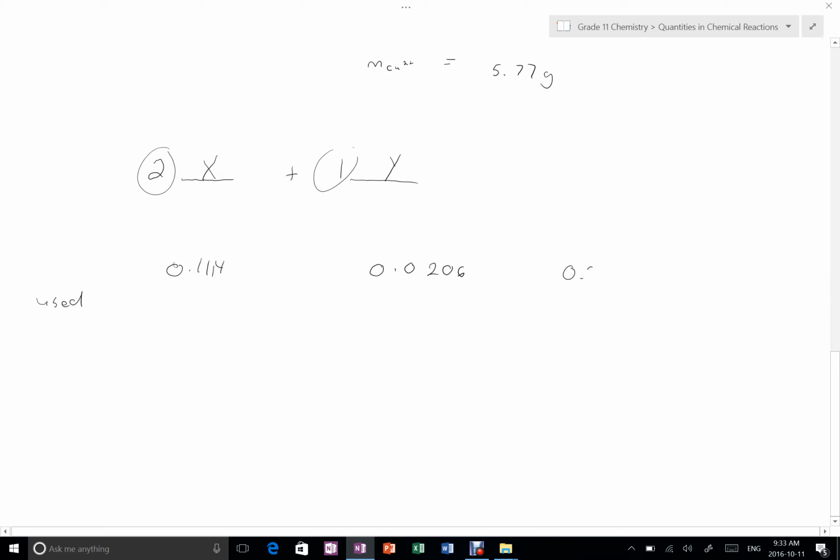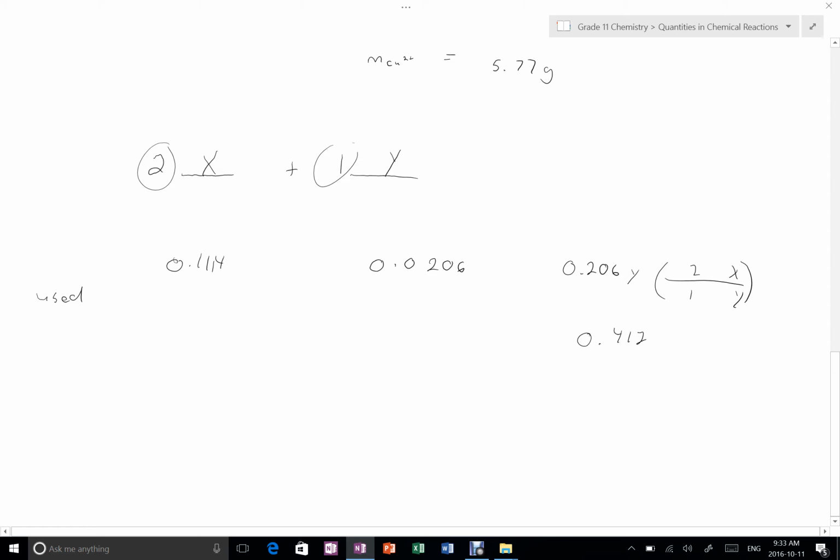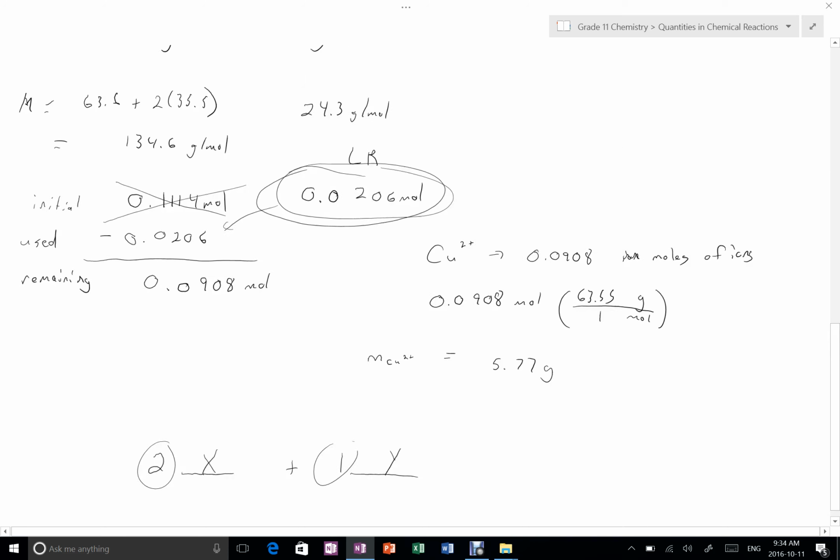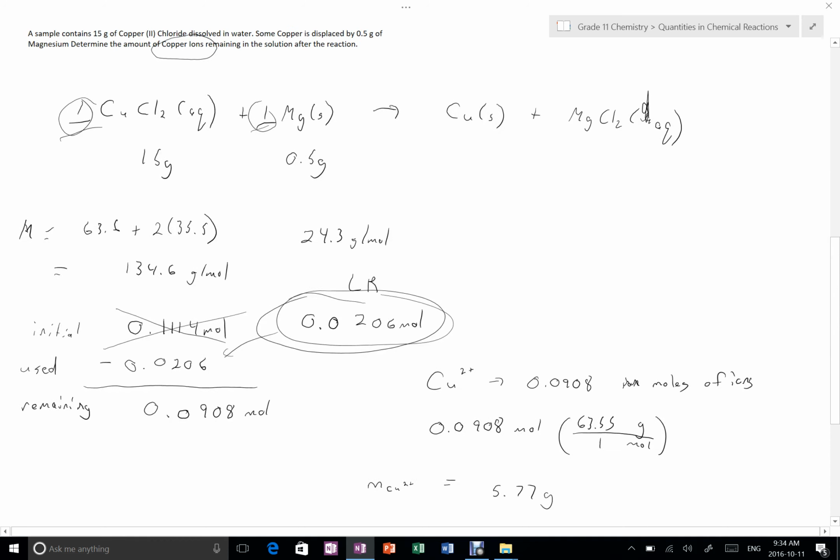So my 0.0206 would be of y's, and if I want to convert y's to x's, I'd have a 1-to-2, and so I'd end up with 0.0412 being used up instead of 0.0206. So the fact that that was the same was only because the mole ratio was 1-to-1.